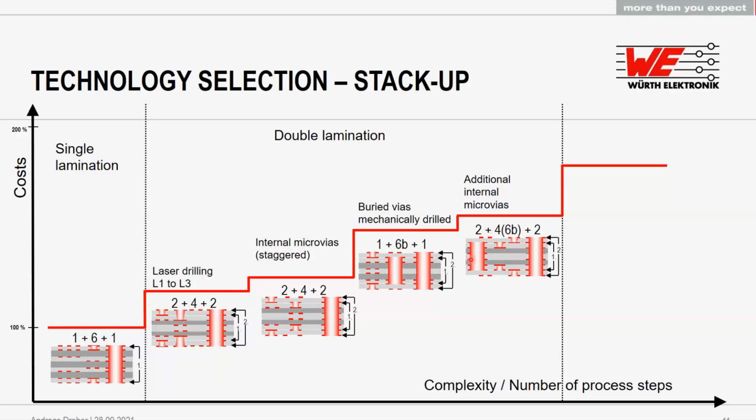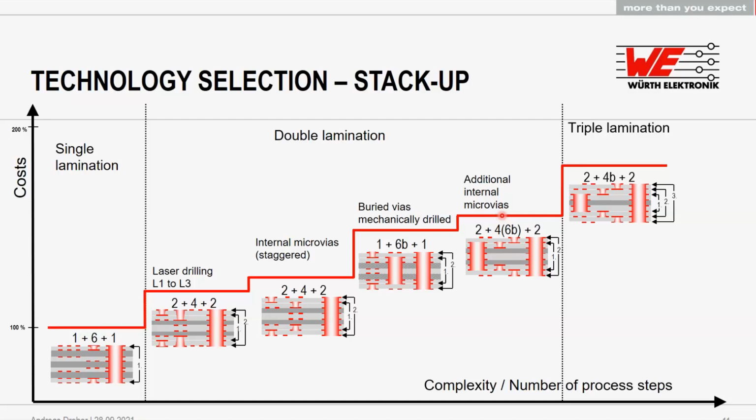The most complex stack-up possible in this combination is the use of two different microvia layers and the buried vias. All of your options for the fan out are possible, but in this example it is also the most cost-intensive process.